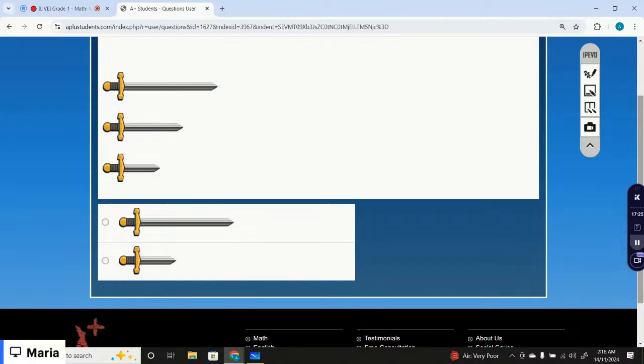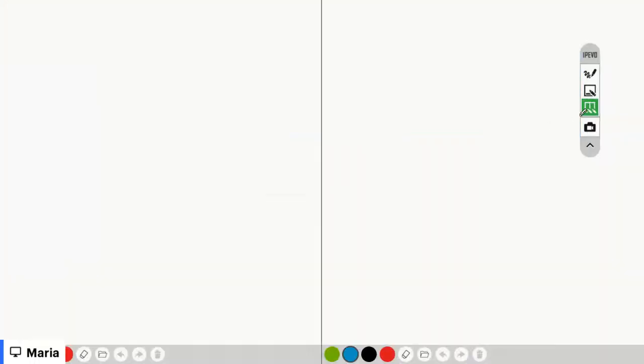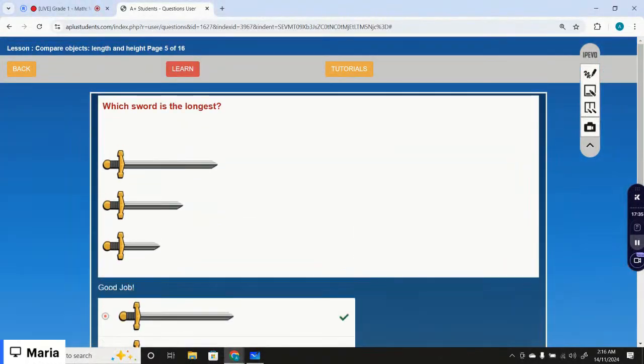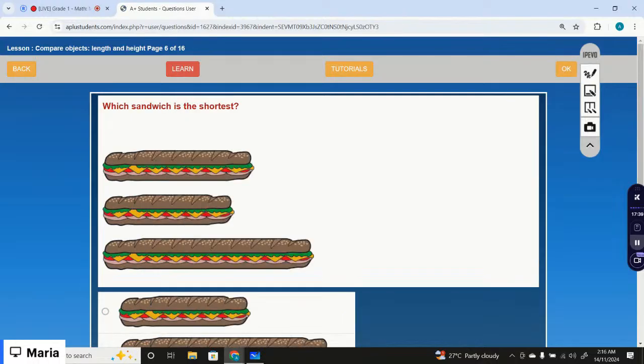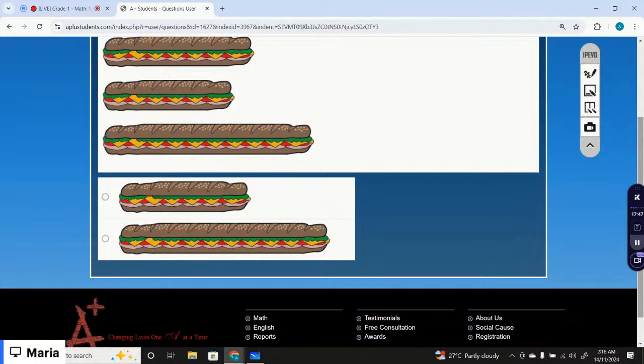Option number one is the correct option. Very good. Which sandwich is the shortest? Which is the correct option? You have to find the one that has the smallest length, right?